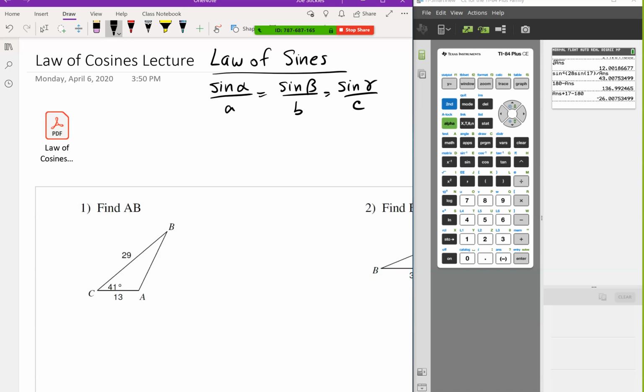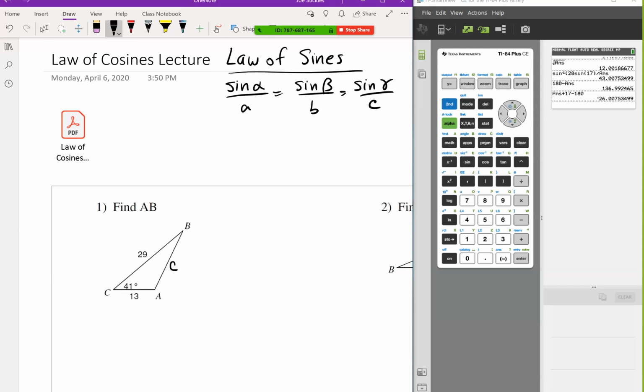If we try to apply this in this situation, notice that in this first triangle, we have the side opposite capital C, which would be little c. The angle at A we typically refer to as alpha, and at B as beta. Notice in this case, I don't have enough information to use the law of sines, because if I try to use angle C, I don't know little c.